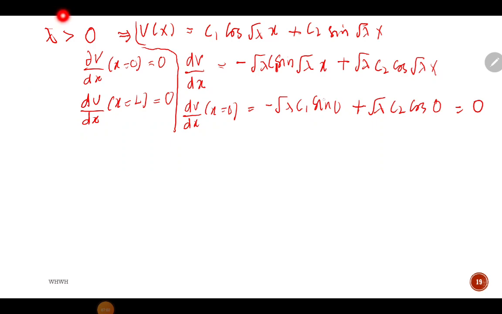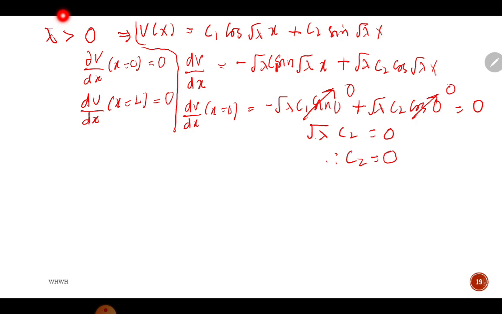Dan daripada sini maknanya sin 0 ni kosong and cos 0 is equals to 1. So we left with square root lambda C2 equals to 0, and we know that lambda is more than 0. So between lambda and C2, definitely lambda ni tak boleh sama dengan kosong lah. So in this case, we come to the conclusion C2 equals to 0.